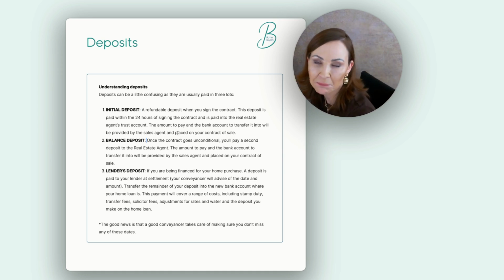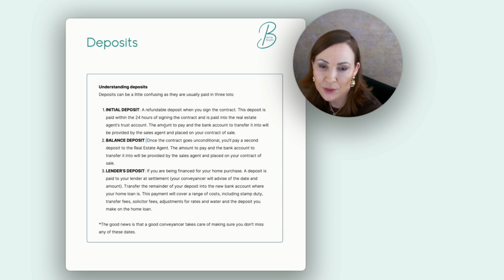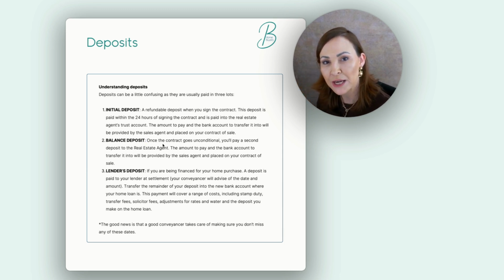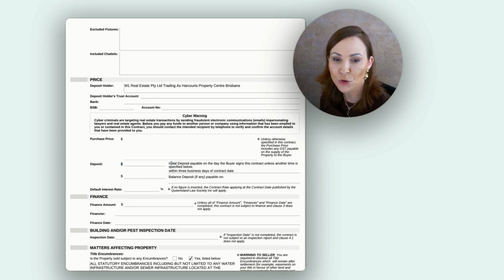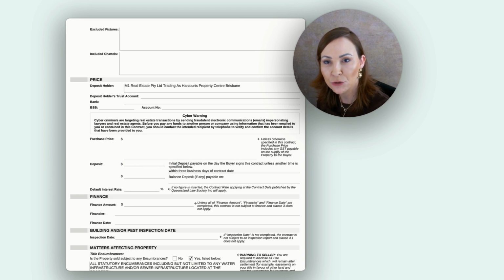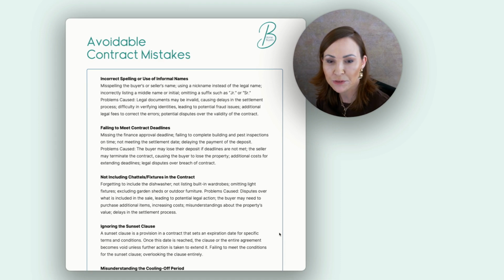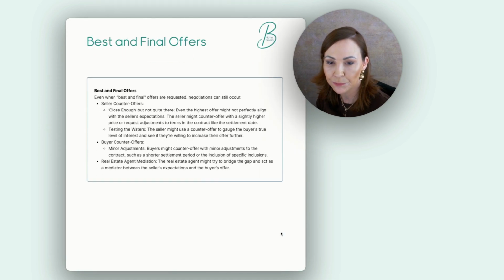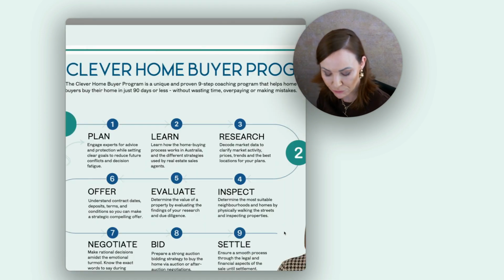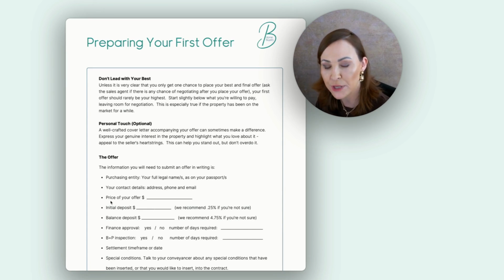So you're like, okay, well, how do I know which is which? You can let the real estate agent fill that in the contract for you. You can let your conveyancer fill that in the contract for you, or you can fill it in yourself. If you need help to fill it in yourself in this workbook that we're currently in, if I was to fast forward you all the way to the bottom of the jar, we make up a worksheet for you so that you can therefore say the price of your offer, the initial deposit, and the balance deposit.